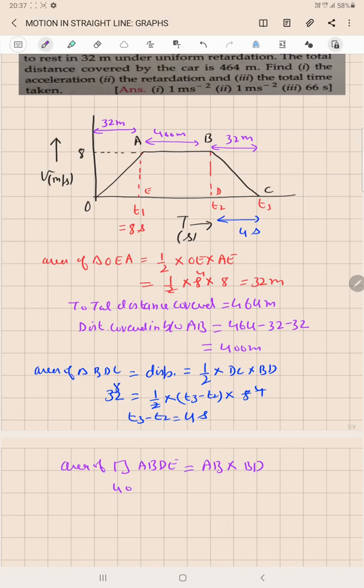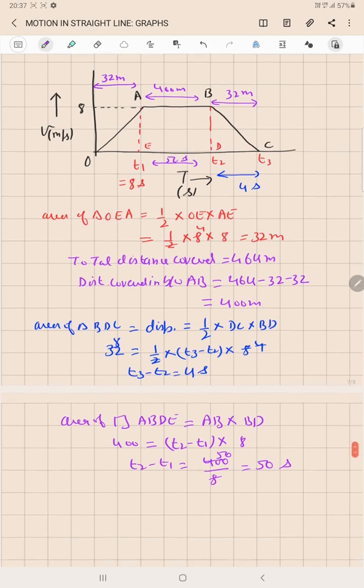Displacement covered in this section is 400 meter. Time taken is t2 minus t1. Velocity is 8. So t2 minus t1 is equal to 400 over 8. 8 5s are 40. So time taken is 50 seconds. So this much time is equal to 50 seconds.